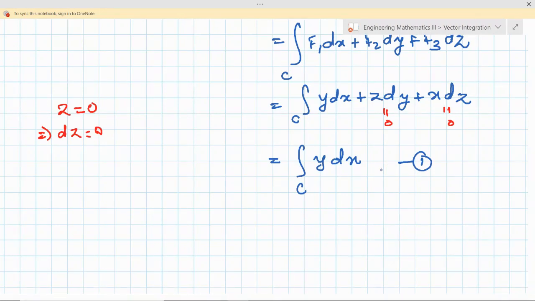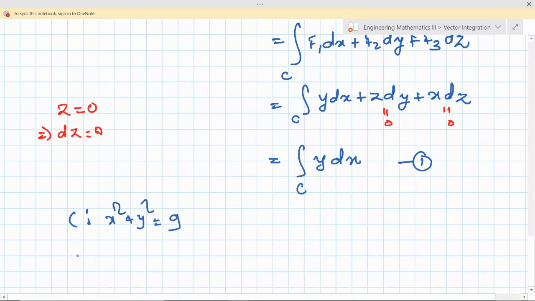Now we need to check what the value of y is. Either convert this integration in terms of x or in terms of y, or otherwise find the parametric equation. But what is C? Our C is the circle x square plus y square is equal to 9.